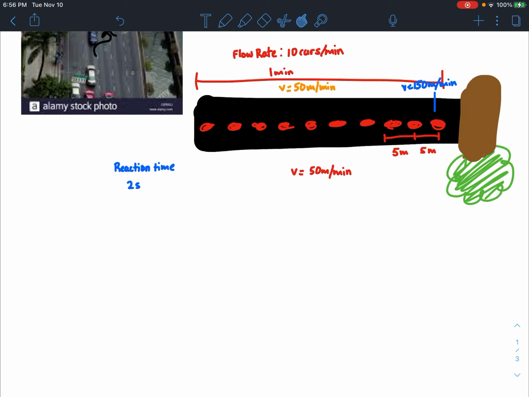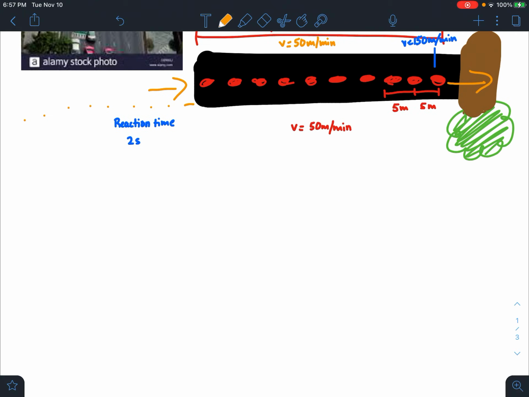The front of the jam is approaching the back, right? So the front of the jam, as that first car goes, you're going to get a sequence of cars. Cars are going to keep coming. So if we were to do this, it looks something like this.